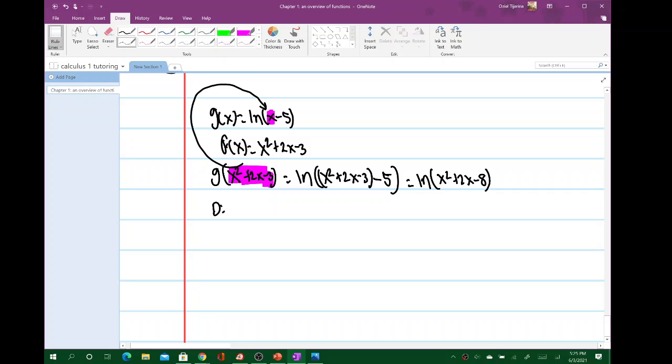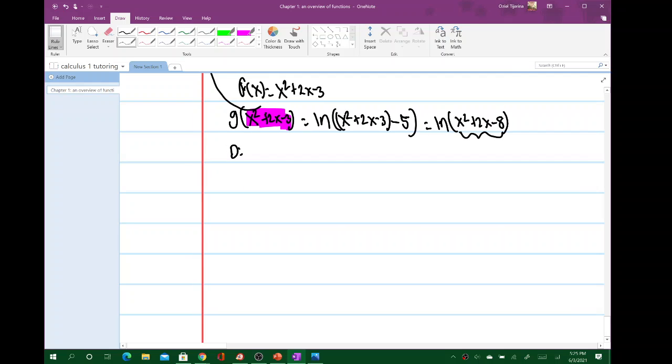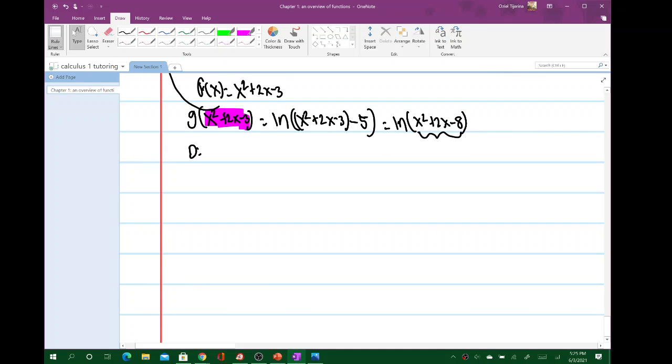So the domain, obviously, like we said, now the only thing about this one is that, like I said, maybe it's best to graph these. Basically, we can set this greater than 0, because the natural log is undefined if this were to equal 0.